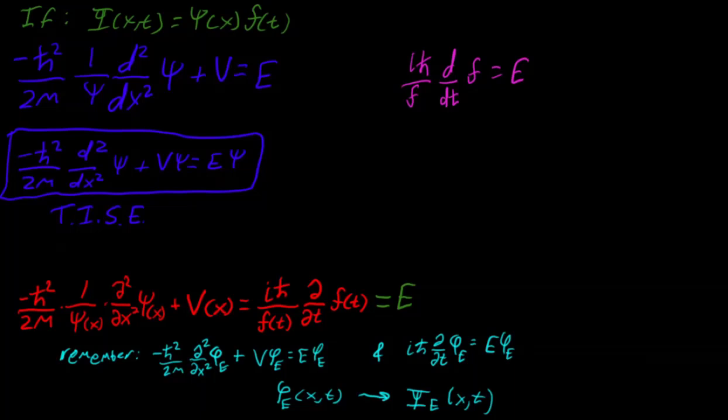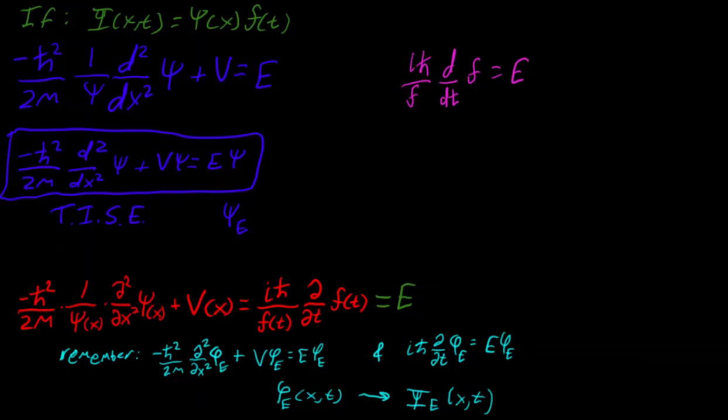However, notice, this is the energy eigenvalue equation that I have down here. Even though it doesn't have the partial derivatives, we don't need the partials because it's only a function of x. What I'll call it is psi E, which is the wave function of x with a definite energy.